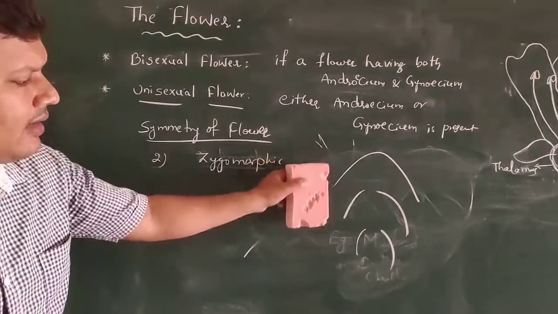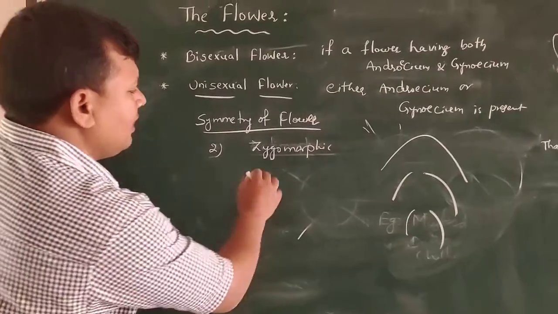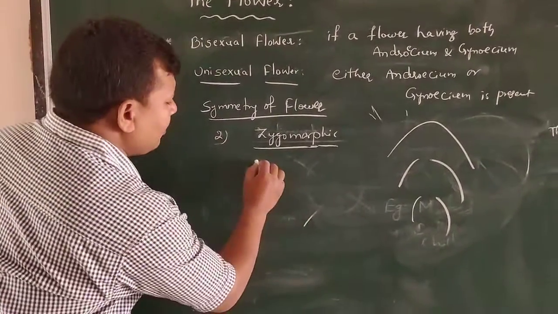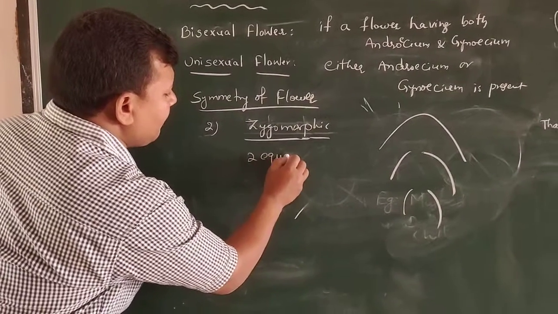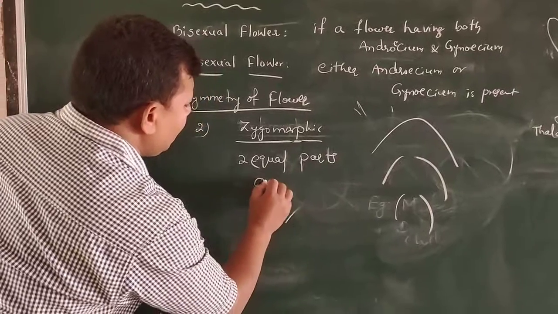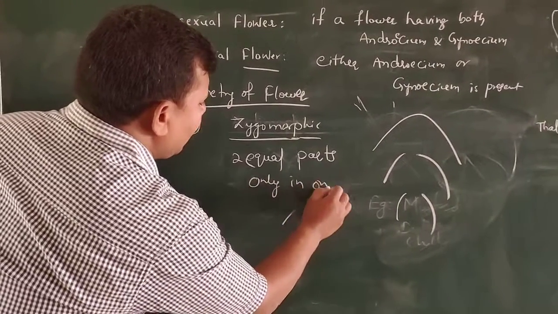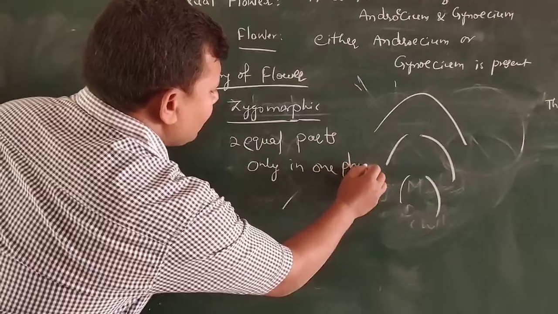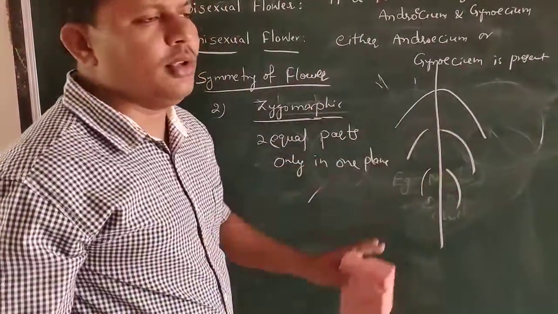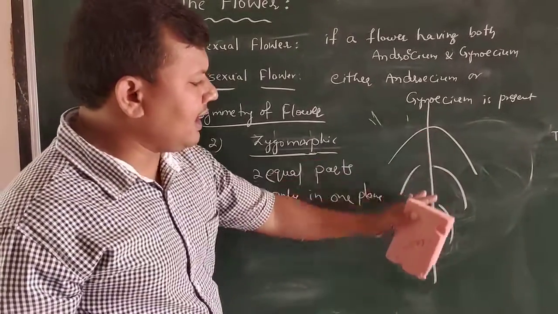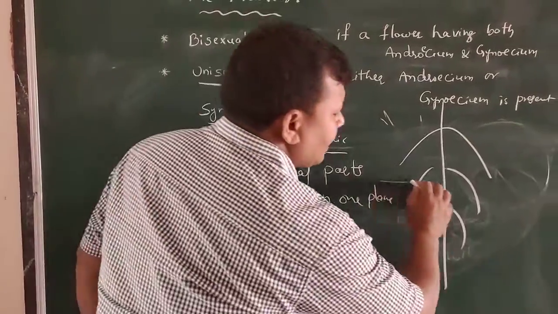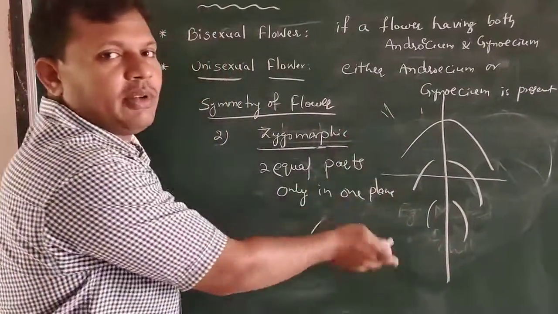In this zygomorphic flower, the flower can be cut into two equal parts only in one plane. So only from this direction can it be cut into two equal parts. If we cut from this angle, then there are no equal parts.